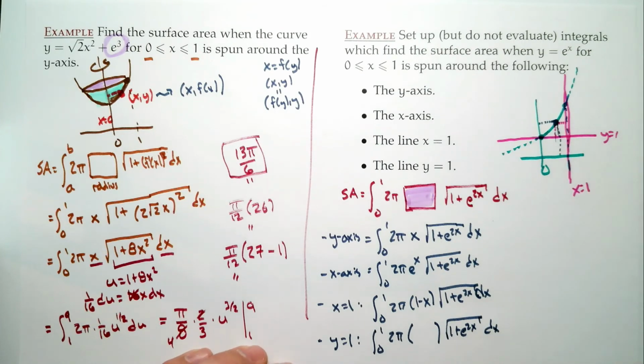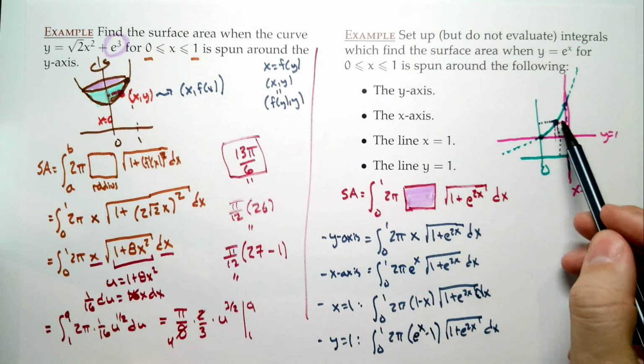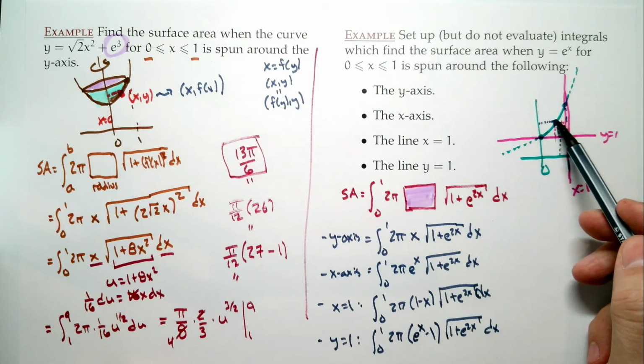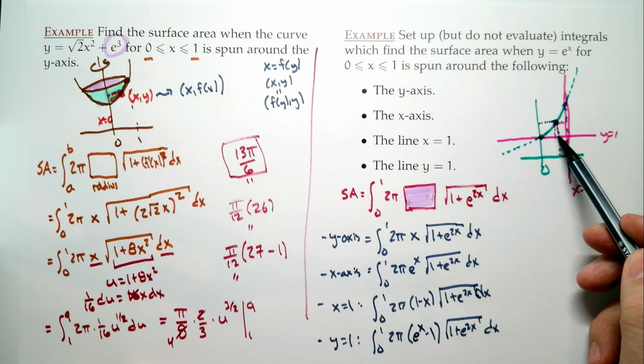Is it e to the x minus 1? Or is it something else entirely? It'll be e to the x minus 1. Because e to the x is where the y value is for my little piece. Here my y value is 1, and my little piece is above 1. So I want to take the larger minus the smaller. e to the x minus 1.